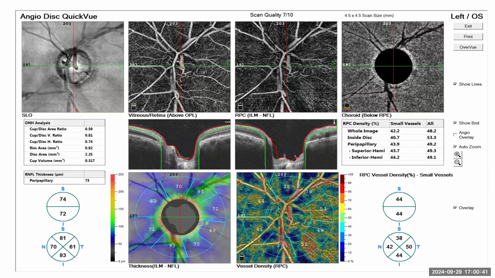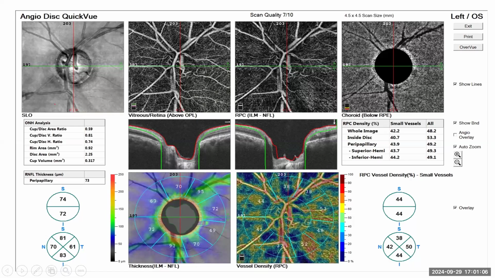Like I said, for those 50 years and above, 60 years and above, theirs were significantly lower. So on this scan printout for the vessel density area, we have 38 superiorly and 44 inferiorly. If I use a benchmark of 50, the vessel density is already reduced. Then nasally is 42, while temporally is 50.